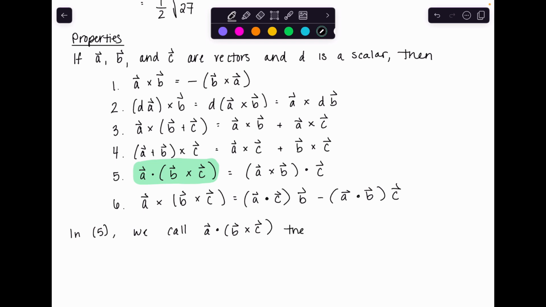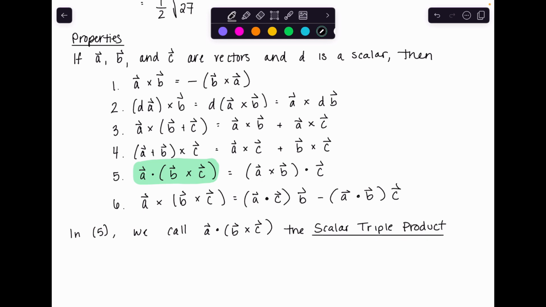This is the scalar triple product. Or you might also hear it called the triple scalar product. It really doesn't matter which one you do.